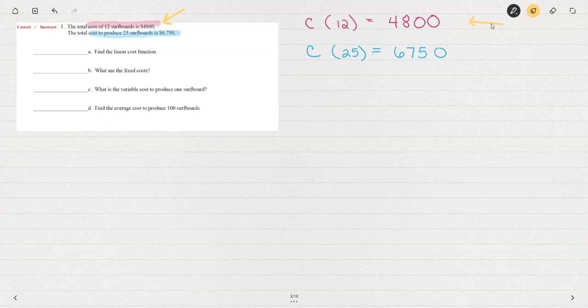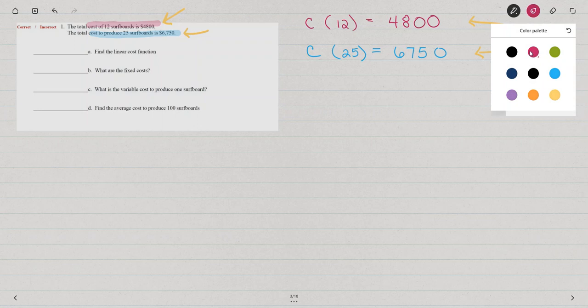That's our function. And then looking at the blue statement, the cost to produce 25 surfboards is $6,750. So C of 25 is $6,750. I'm not sure if you recognize what's going on here, but what we have is two ordered pairs.